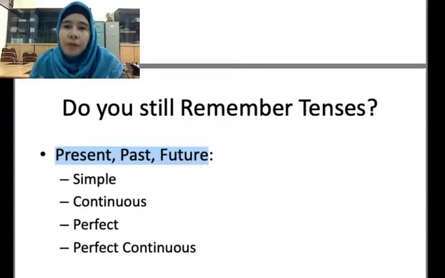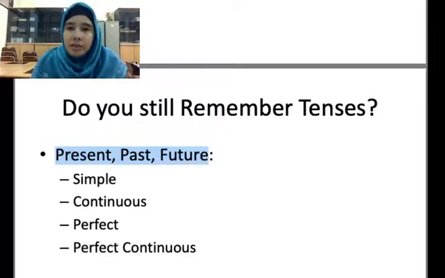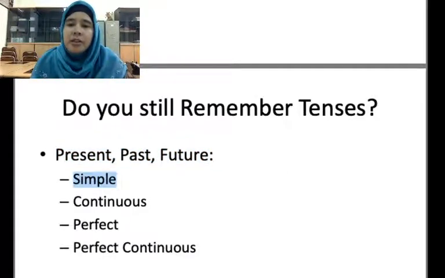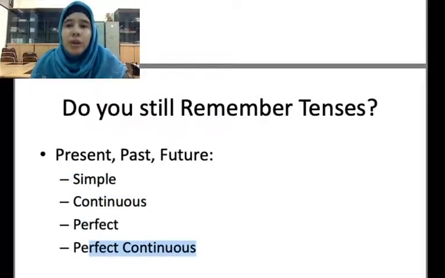And each of them has their own branches: the simple, continuous, perfect, and also perfect continuous. So there will be 12 different kinds of tenses in active voice. And today, in the passive voice, there will also be 12 different kinds of passive voice. So you need to really focus in this material, everyone.